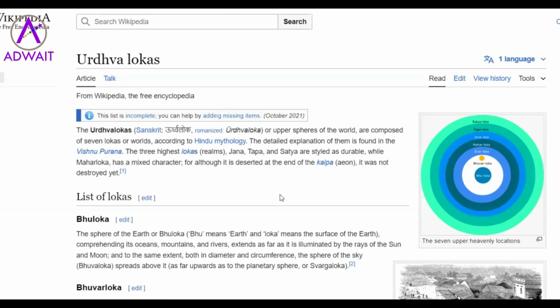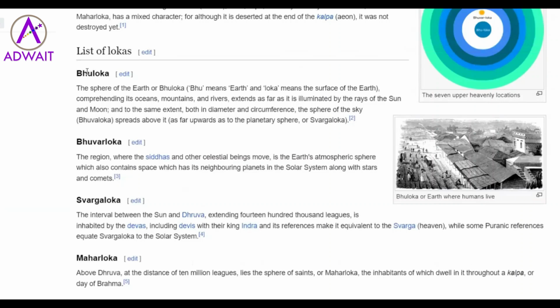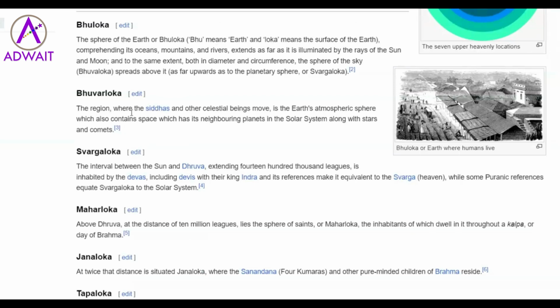Let's see the screen. So this is the list of lokas. Loka means realm or sphere. And you see, Bhuloka, earth. Bhuloka is the root chakra. Bhuvaloka, where siddhas and the celestial beings move.